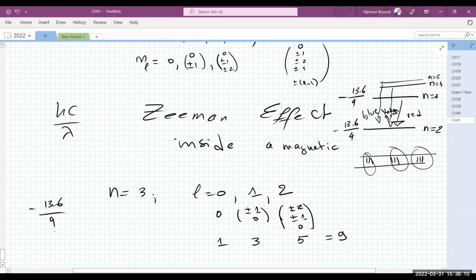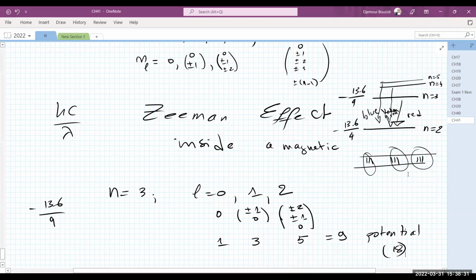All of them have the same energy. So you have 9 potential states. Please don't remember this, because it's not actually 9, it's 18. Okay? And we'll see why. So you have this many states potentially in that level alone.